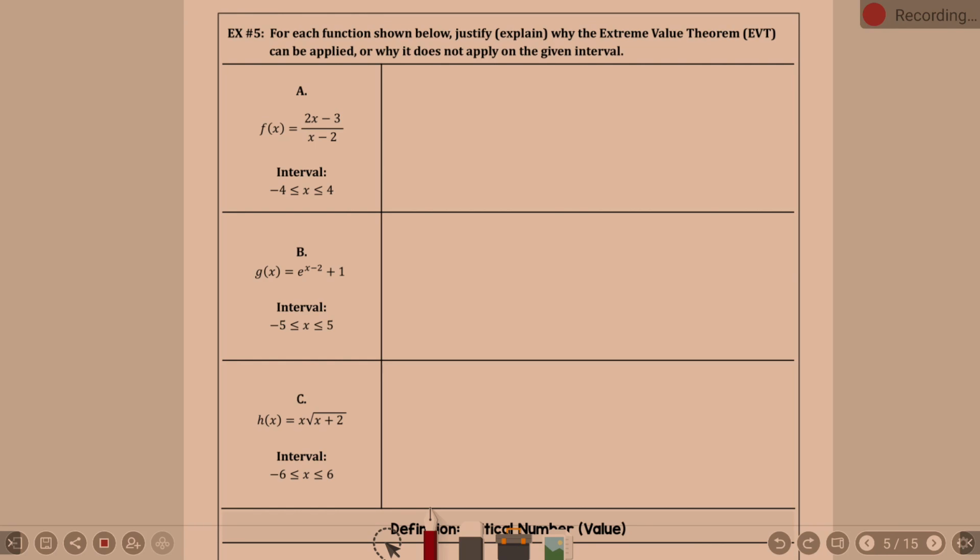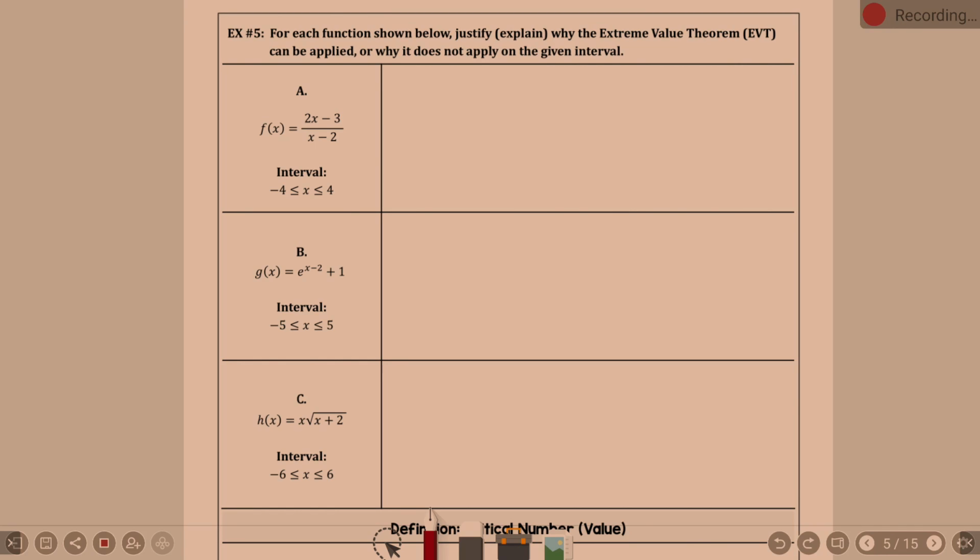Yes, it is. If it was outside of the interval, it doesn't matter. So for this reason, EVT does not apply between -4 and 4 because f of x is not continuous at x equals 2, which is on the given interval.